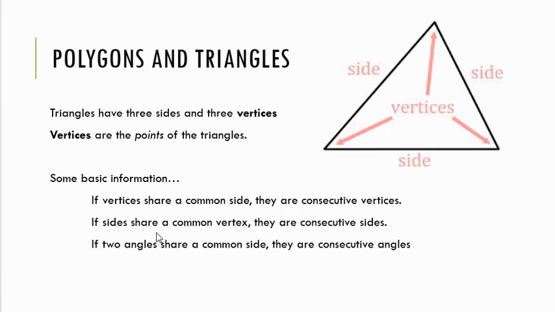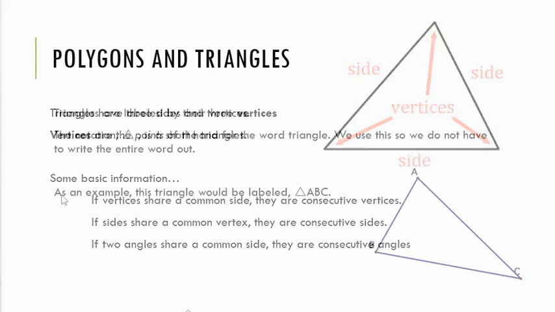If sides share a common vertex, then they're consecutive sides. For example, this side and this side are consecutive because they share this vertex. And then if two angles share a common side, then they're consecutive angles. So just like with the vertices, these two angles right here share this side, so they are consecutive angles.